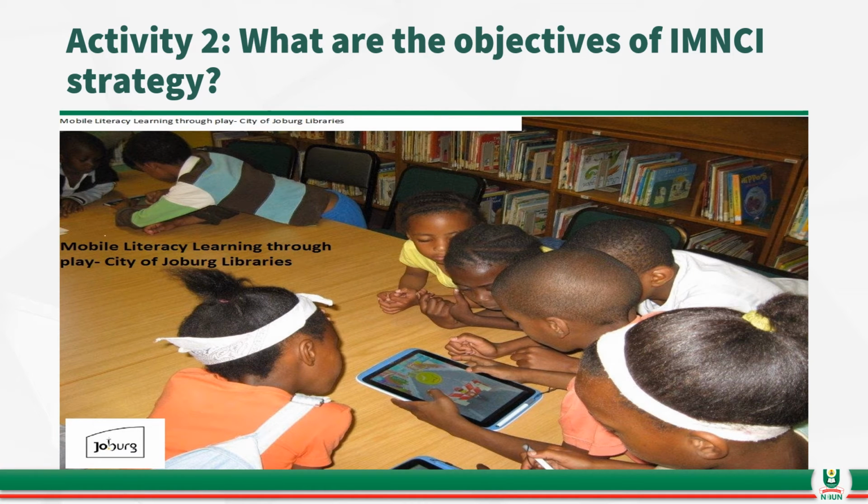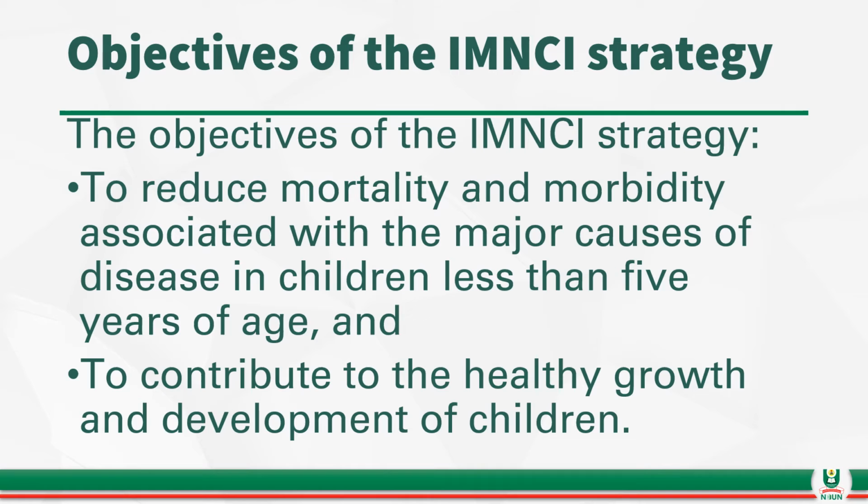So what are the objectives of the integrated management of newborn and childhood illness strategy? The primary objectives of this strategy are to reduce mortality and morbidity associated with those major causes of disease in children less than 5 years of age, and also to contribute to the healthy growth and development of children.